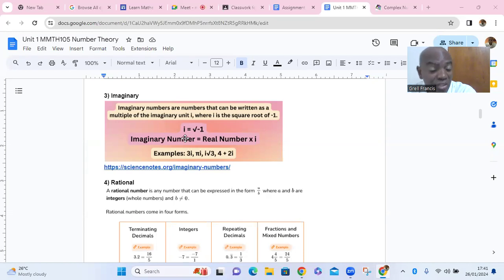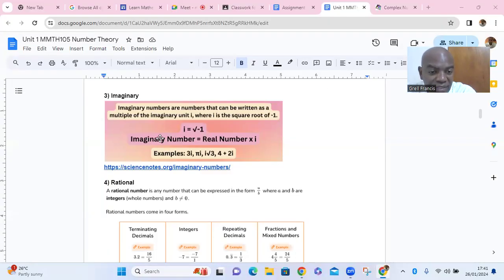Initially, when it was discovered, mathematicians didn't know what to do with it, or the applications for it. But with time, if you look into the history of the imaginary number, you will find that it is very much useful now.